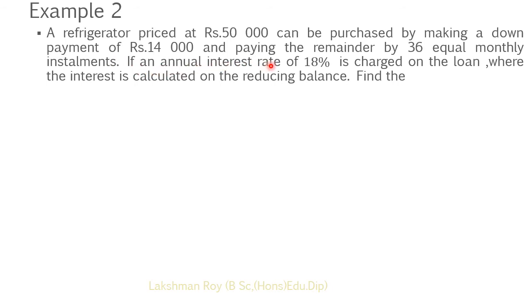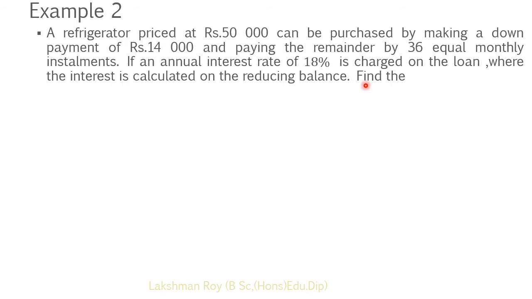If an annual interest rate of 18% is charged on the loan, where the interest is calculated on the reducing balance. Now I'm going to explain how to find the value of a monthly installment step by step, right? So in the O-level exam, they ask directly what is the value of a monthly installment, right?